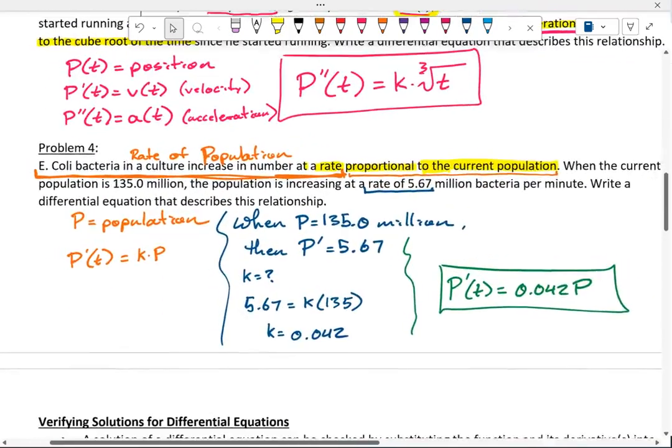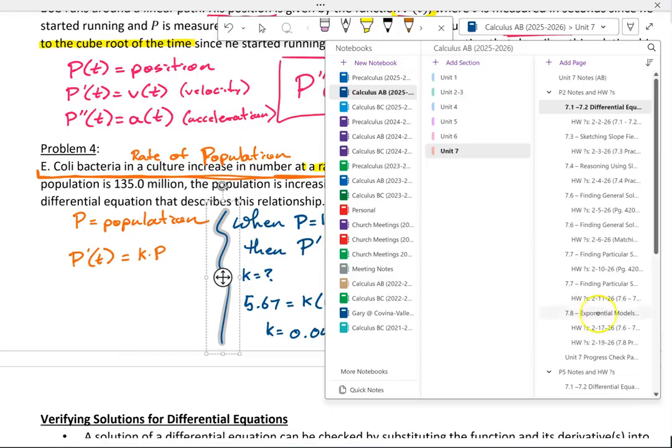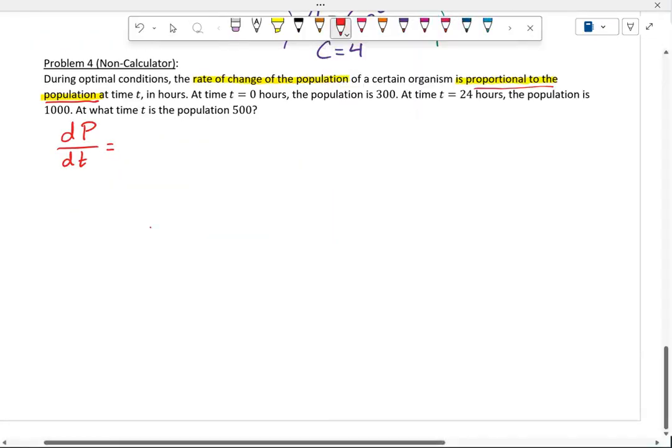And actually, we have the same exact thing happening right here in problem 4. The rate of the population is proportional to the current population. P prime is K times P, or dP over dt equals kP. So dP over dt is equal to what? K times P. It's proportional to the population. Proportional to is K times whatever.